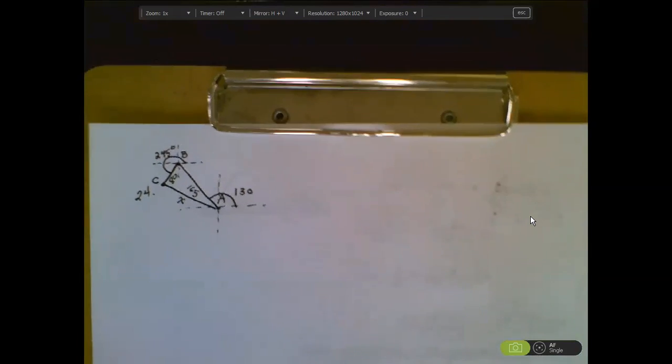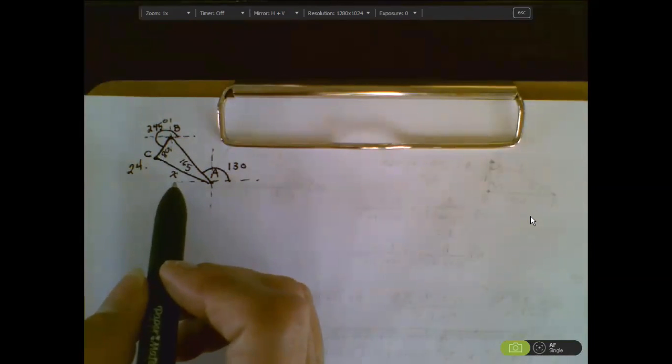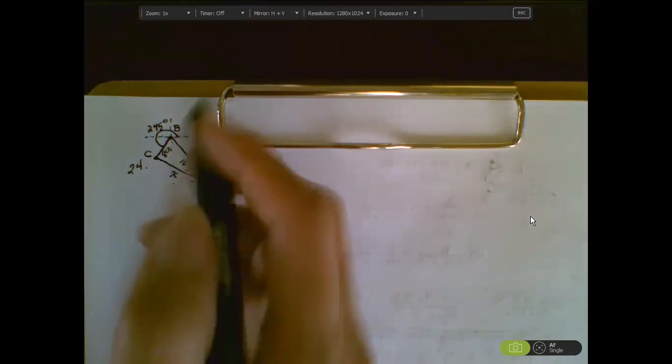Now, I almost always end up with it not being as big as I should have drawn it so that I could label some other things on it. What do I know? I'm looking for x, and to find x, I would have to know this angle opposite it right there.